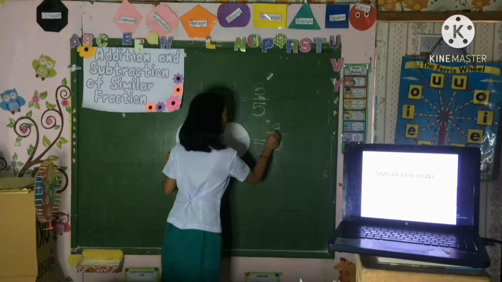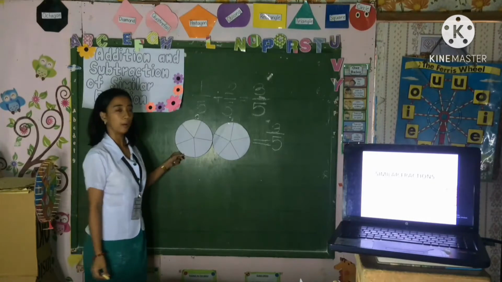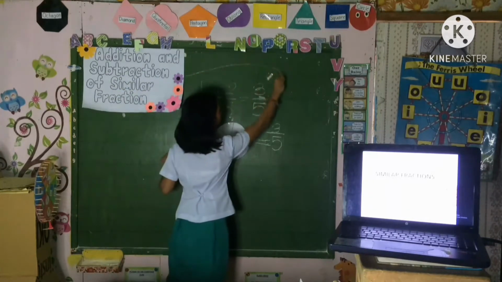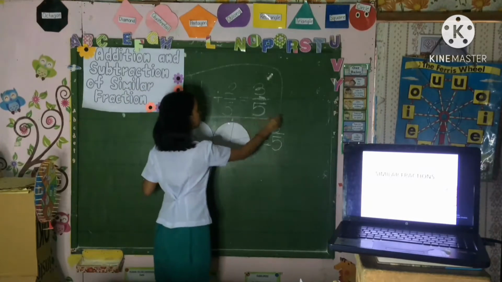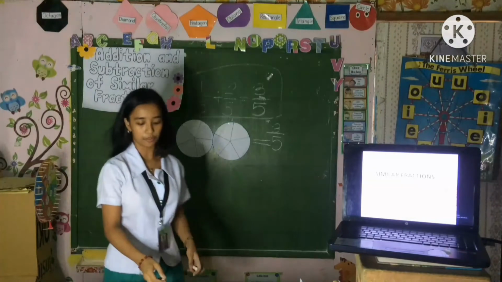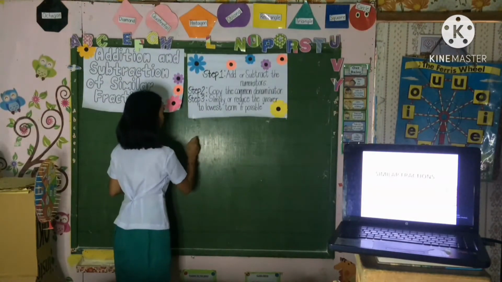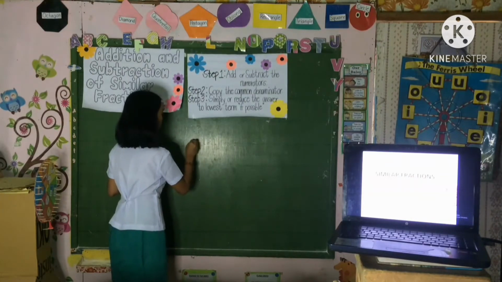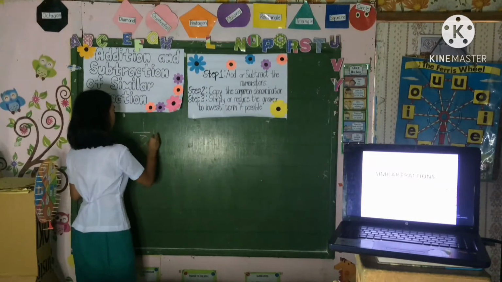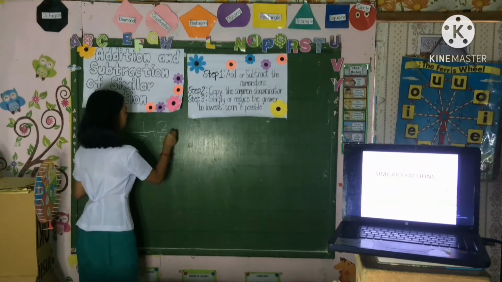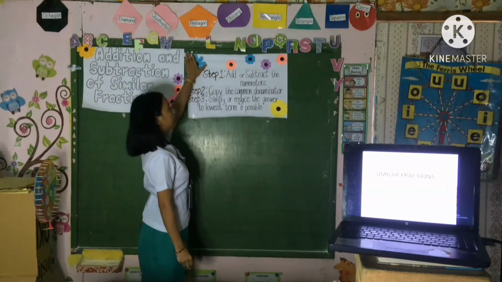So how about if there is no illustration? How about if there are just numbers in the fraction? We have steps to follow on how to solve similar fractions. Since 3 over 5 is our answer in the illustration of 1 over 5 plus 2 over 5, the first step is to add or subtract the numerators.